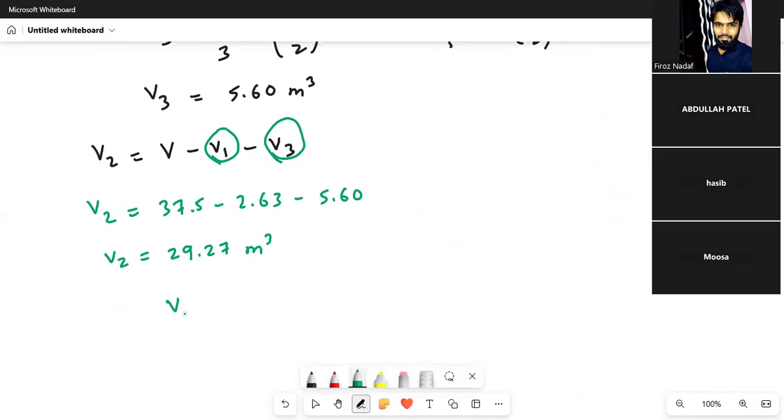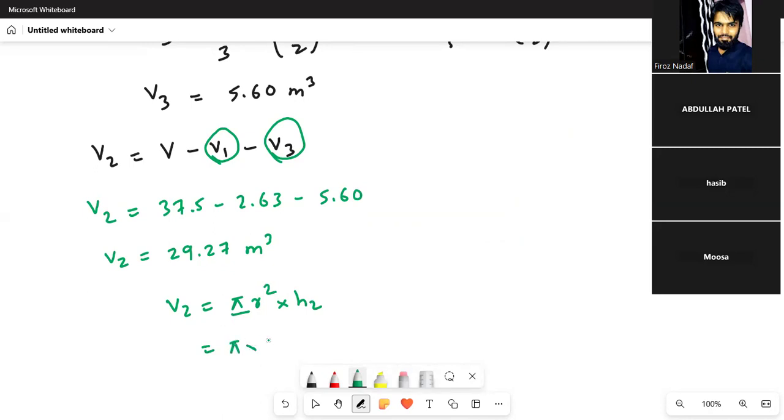So what is V2? V2 equal to area, pi r square into H2. What is the diameter? Diameter is 3.5 meter.